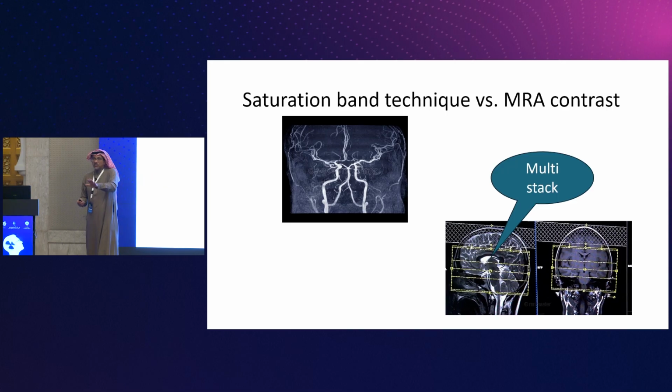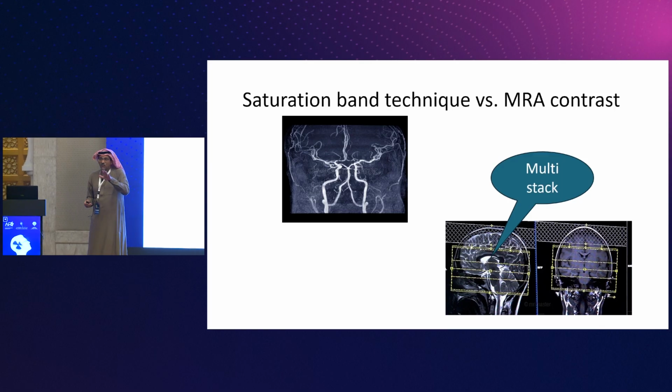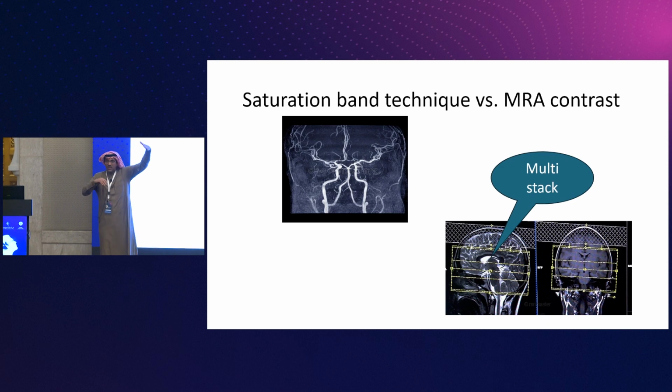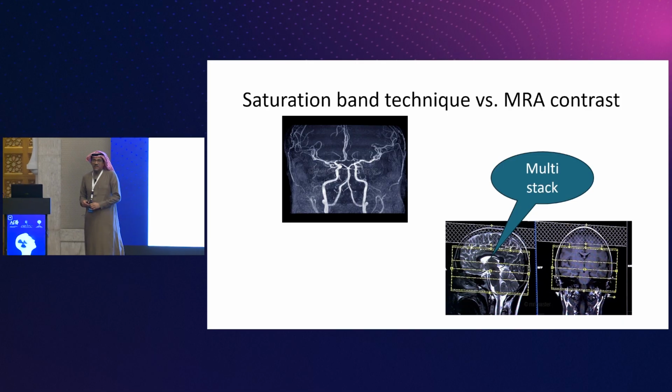You have proton. You need a signal from that one. You hit him with the RF pulses, the time required. If you increase the slices, you increase the distance. So the excitation with the pulses will be more. And that will make, at the end of the vessels, fading.